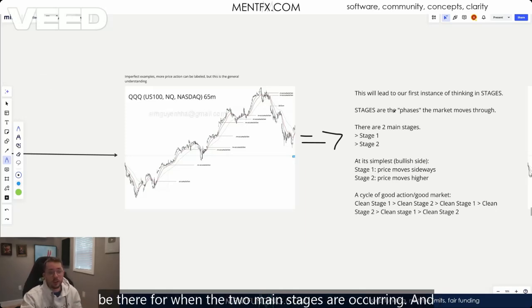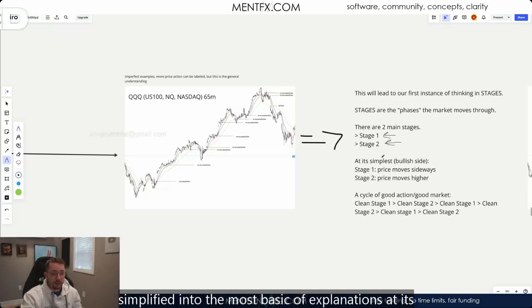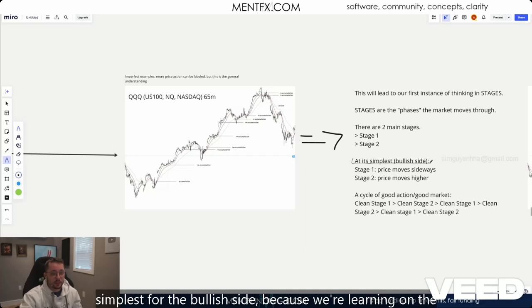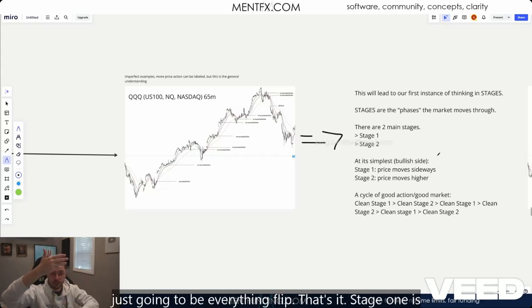So we really want to be there for when the two main stages are occurring. And that's simply a stage 1 and a stage 2. That's it. Simplified into the most basic of explanations, at its simplest for the bullish side, because we're learning on the bullish side right now, but remember the bearish side is just going to be everything flipped.